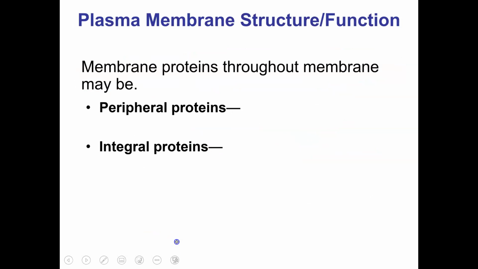So the plasma membrane, I said, had different proteins with different functions. One type of protein that the plasma membrane has is called a peripheral protein. Peripheral proteins are going to be proteins that are found on one side or on the other side of the plasma membrane.